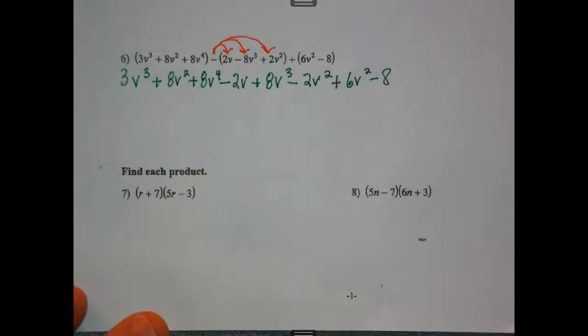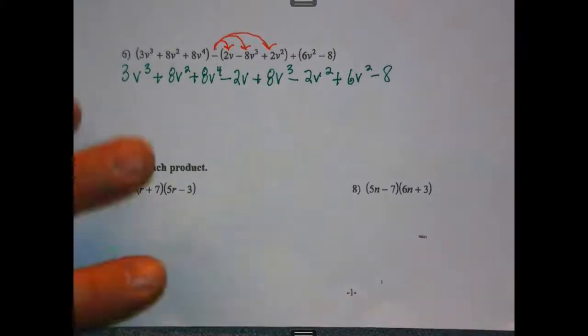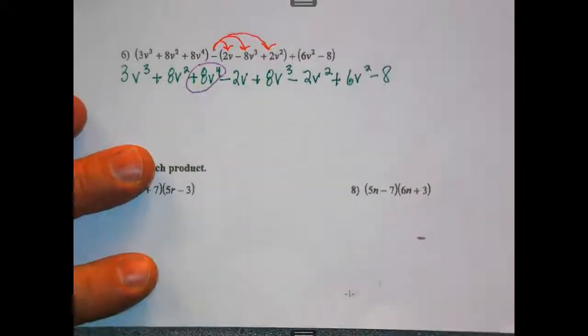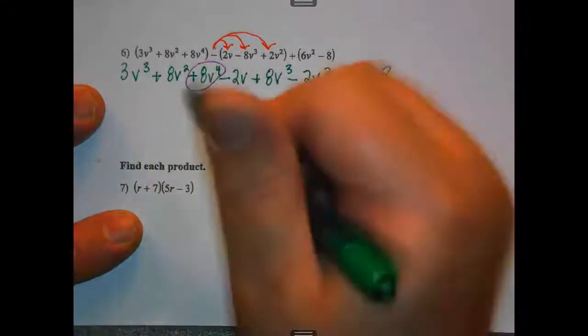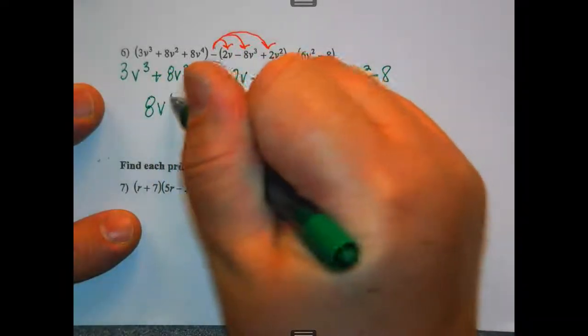Okay, put this in standard form. Make sure you guys are putting this in standard form. Let's see, what's my highest degree here? V to the fourth. That's it for the 4, right? 8v to the fourth.